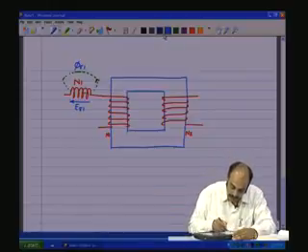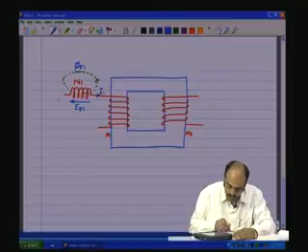because a current I1 is flowing through the coil.